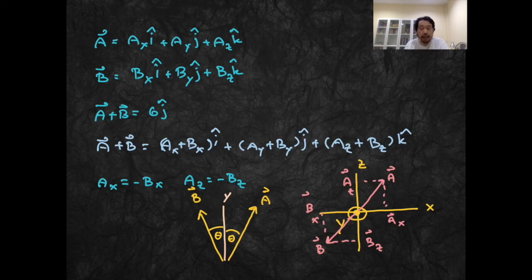The problem says that A and B have the same magnitude, and we have that AX equals minus BX and AC equals minus BC. So what we can conclude from this information is that AY must equal BY. Why?